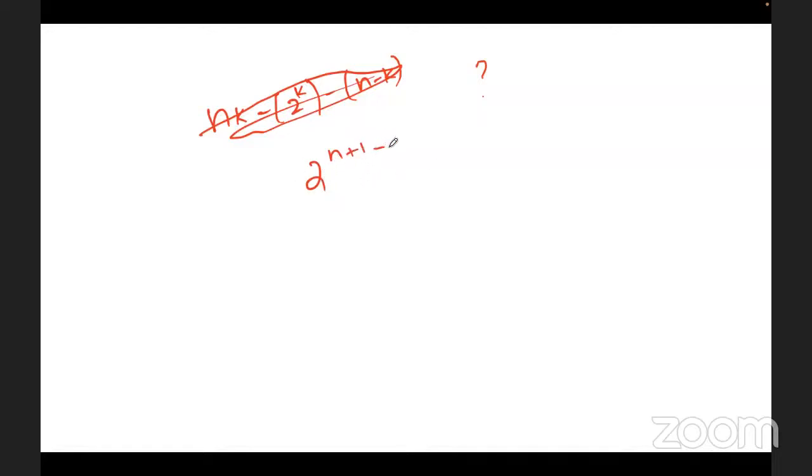Okay, so 2n plus 1 minus k by 2. Is this the formula we are trying to say?